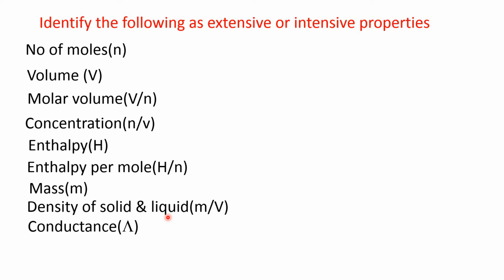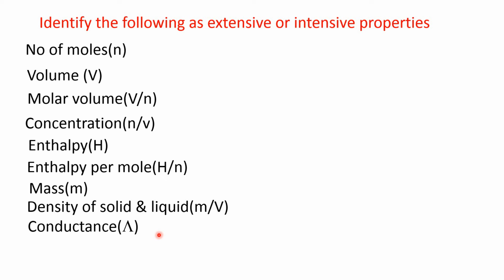Then coming to conductance, the capacity to conduct electricity, say in an electrolytic solution. It depends on the number of ions per unit volume. When the number of ions increases, conductance increases. That means when the amount of the electrolytic solution increases, conductance increases.